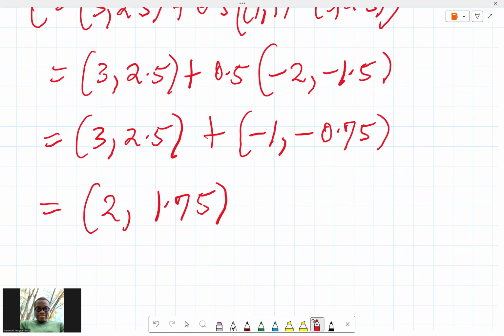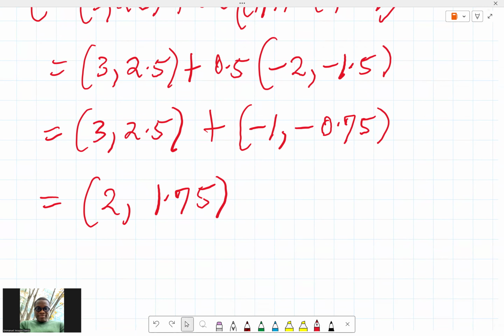Is that correct? 2.50 minus 0.75, yeah, 1.75, that works. So the contraction point is (2, 1.75).